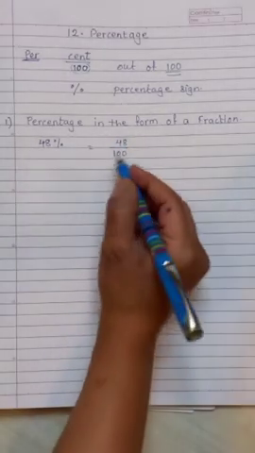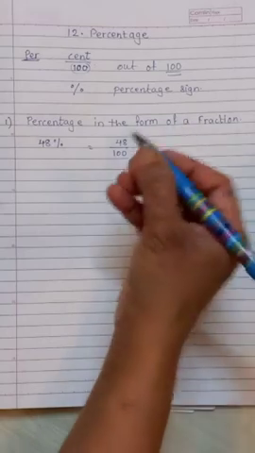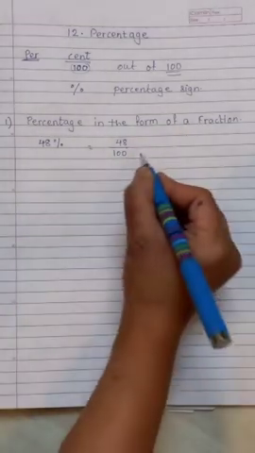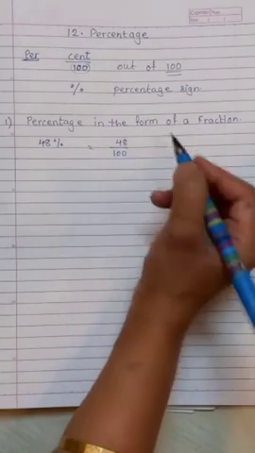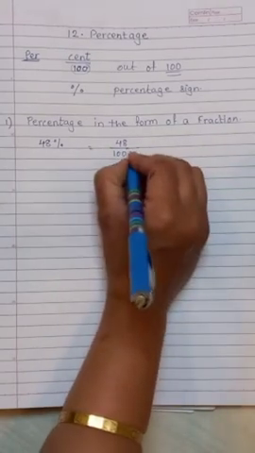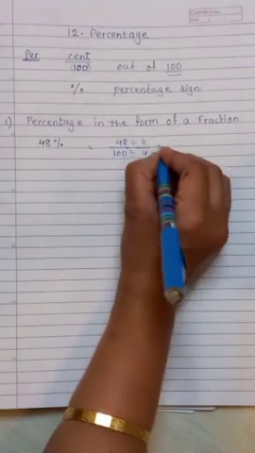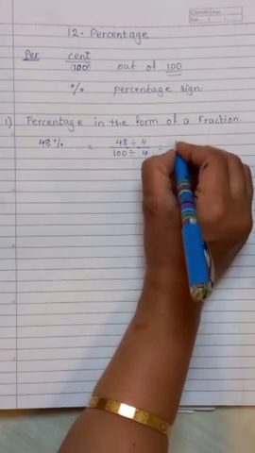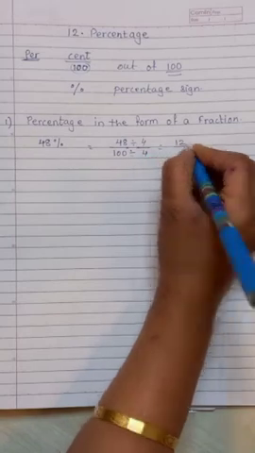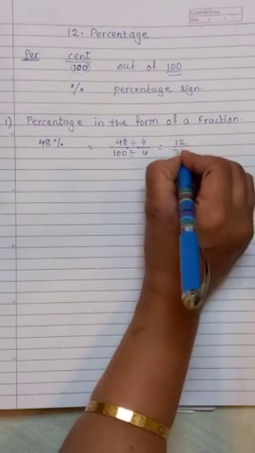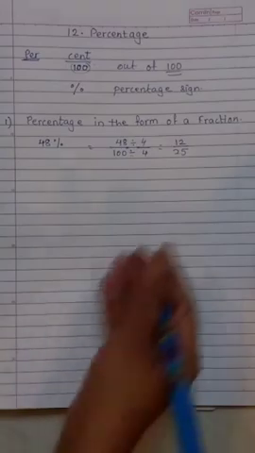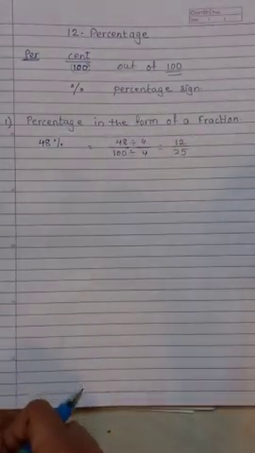So if we minimize this, you know how to minimize. We have to find a single table in which both the numbers are there. I got that table. The table is 4. So the answer can be 12 upon 25. Okay, so this is the minimization.